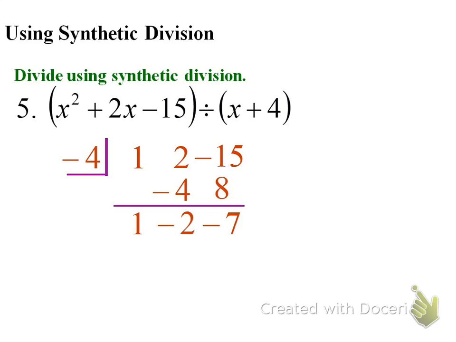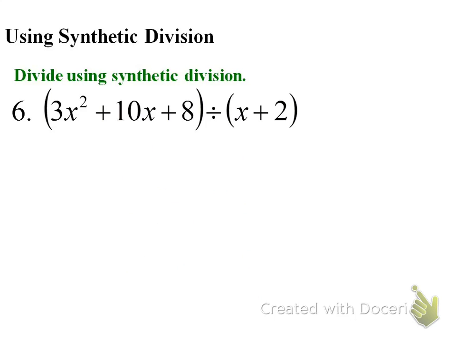Good. So remember, negative 7 is your remainder. Negative 2 is going to be your constant. 1 is going to be your x term. So it will be x minus 2, minus 7 over x plus 4. Give you guys a second to catch up. Let me know if you have any questions.